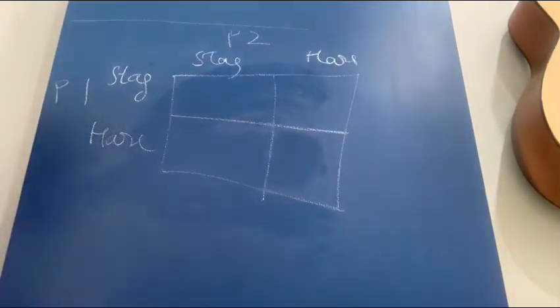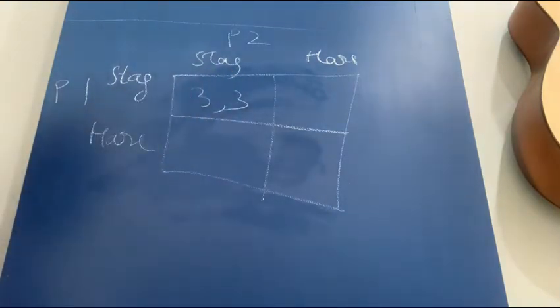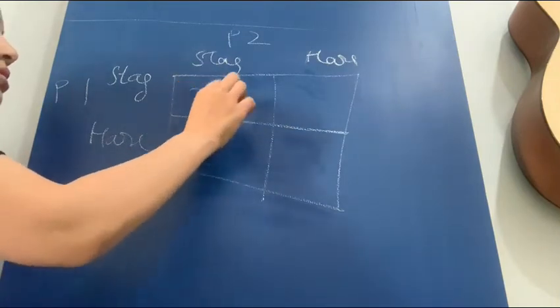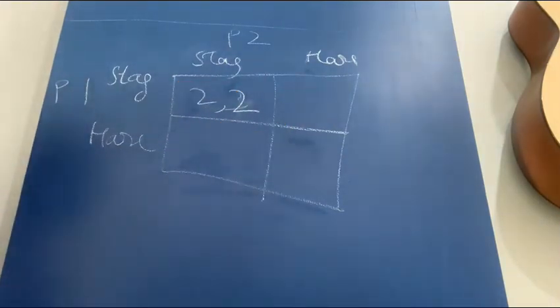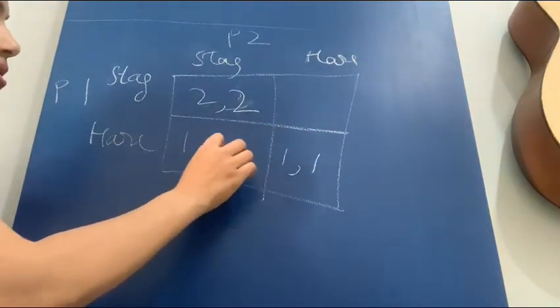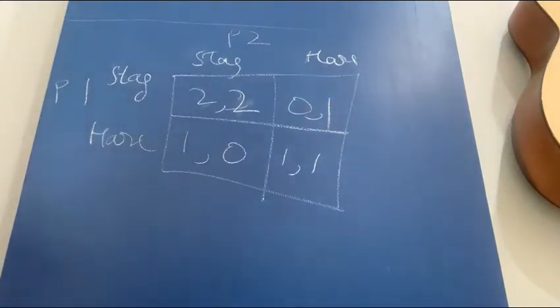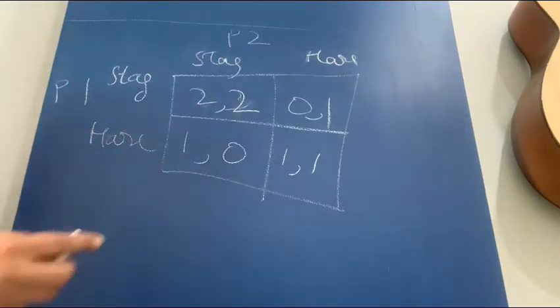If both players go for the stag, the payoffs are 3-3, or you can do 2-2 the way the book is doing. If both play hare, then it's 1-1. This was the matrix that we've done earlier. In this particular game, again, we can find the Nash. If player 2 is playing stag, the best thing for player 1 to do is to play stag.